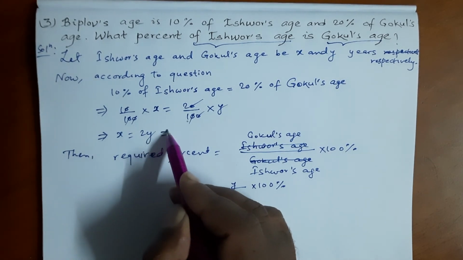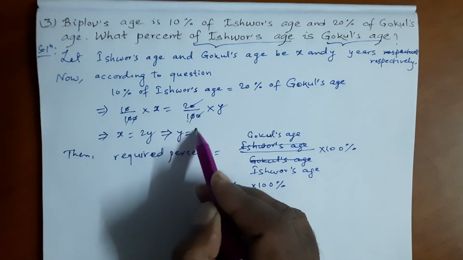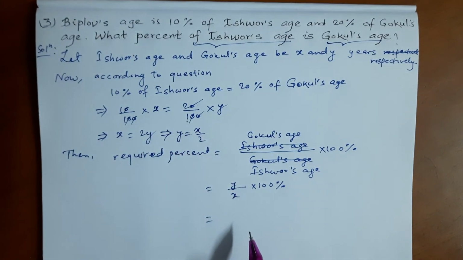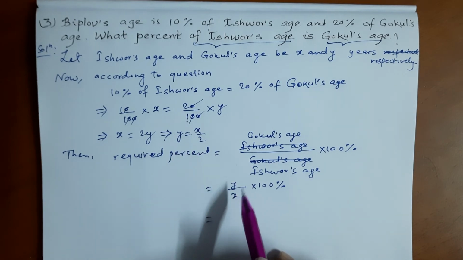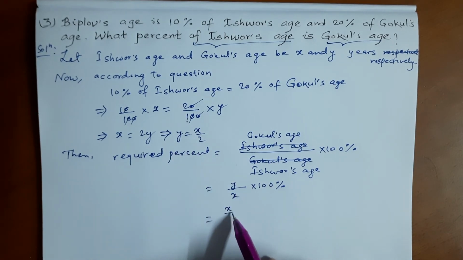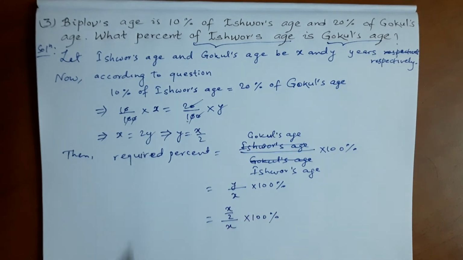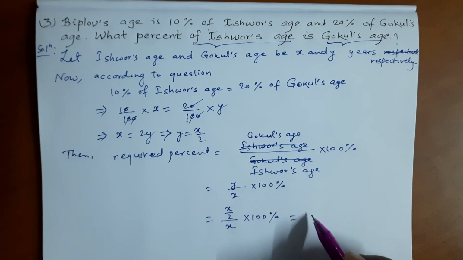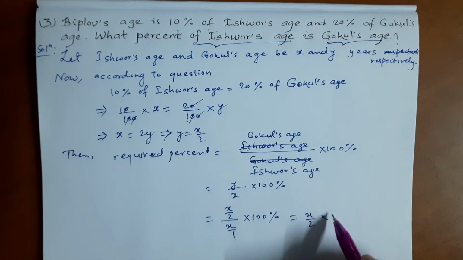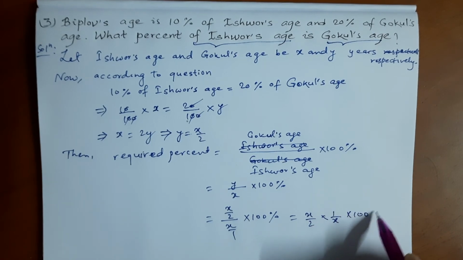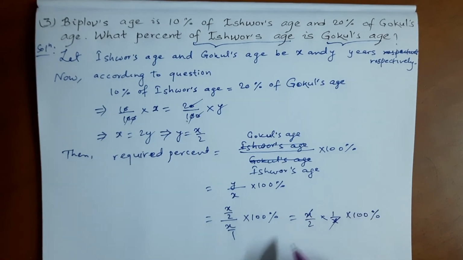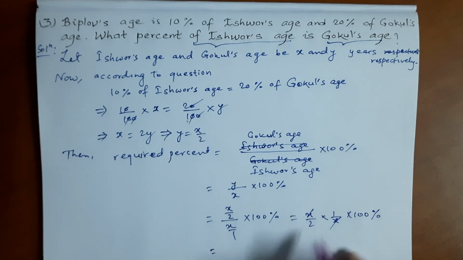Okay. And now Y, from here Y equals X over 2. So in place of Y we can write X over 2, over X, times 100%. Now X over 2 is X over 2 times 1 over X times 100%. Now X and X can be cancelled. Now 2 can divide 100, 50 times 50%.